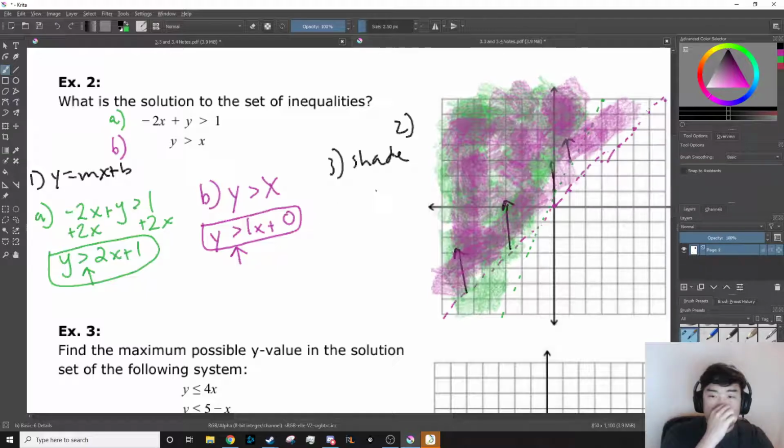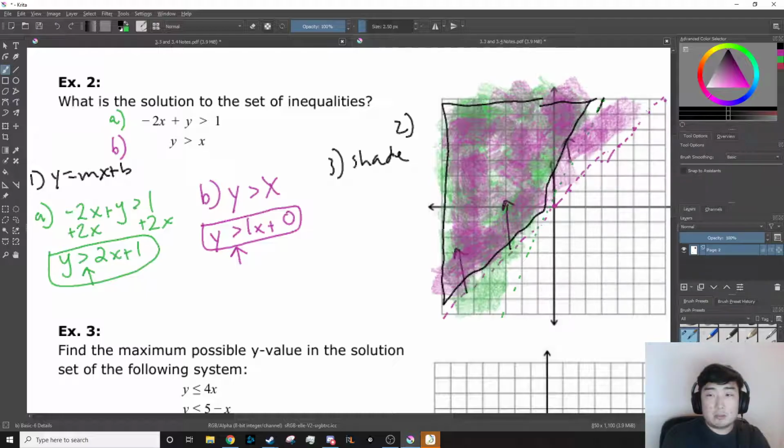So where do my two colors intersect? Or where do my two colors lie? In what area? Like this kind of area, like the black area is where I would have both of my things.